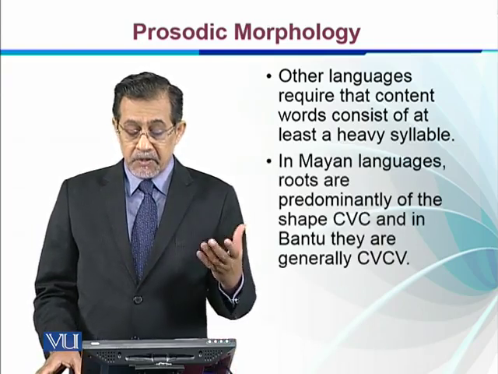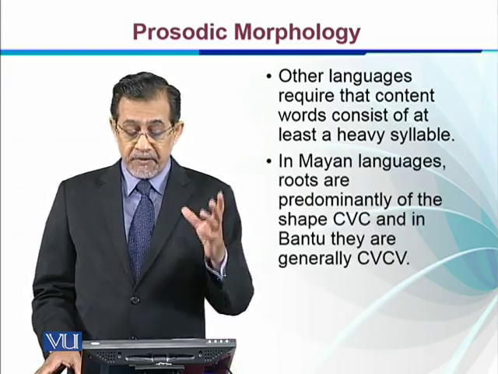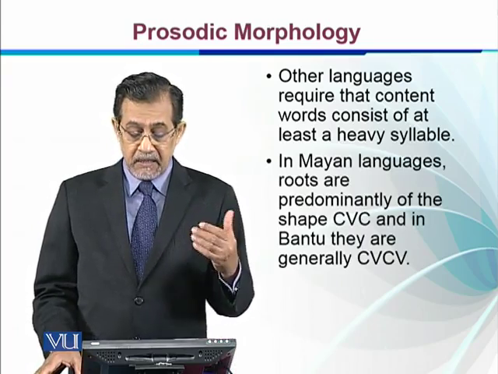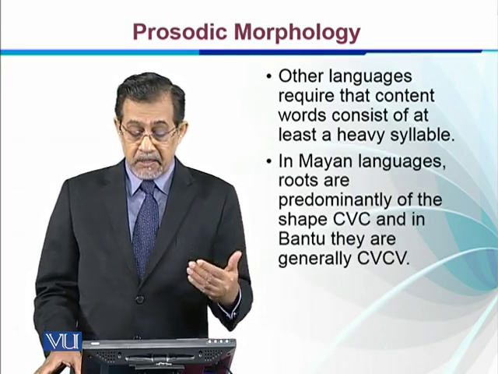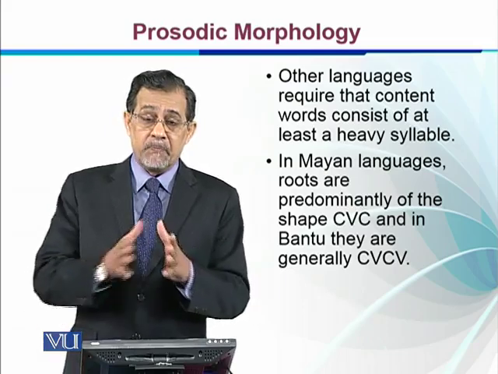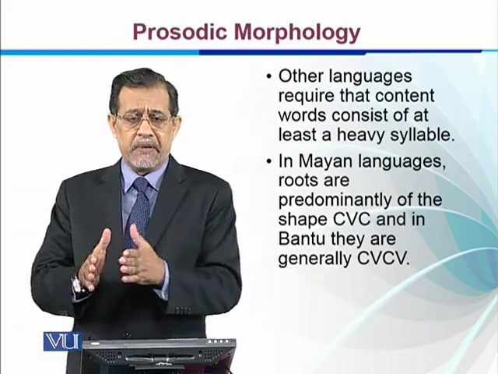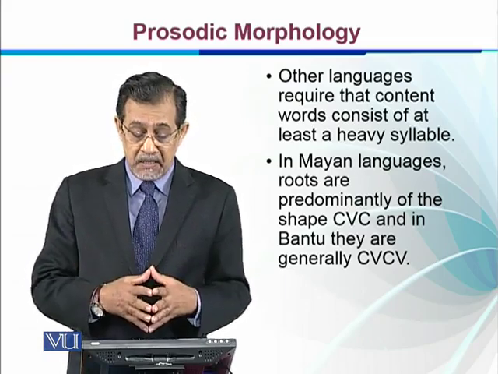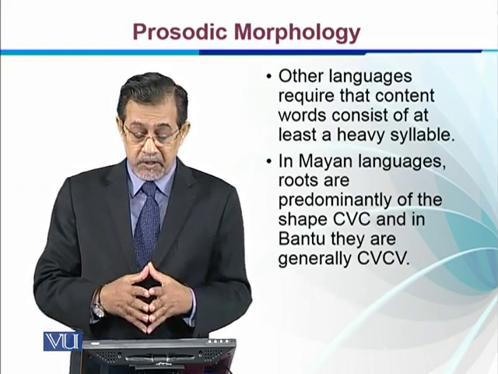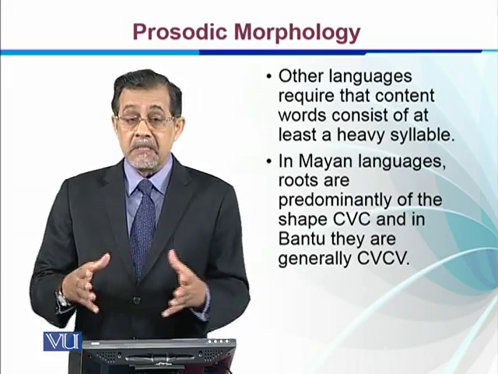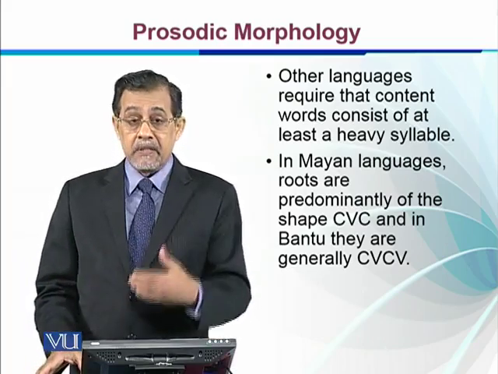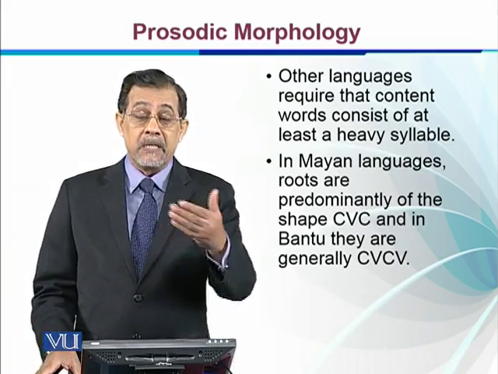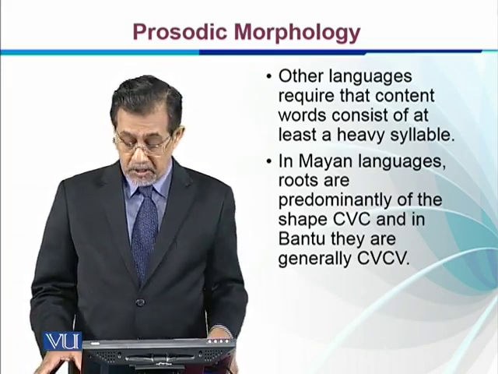In Mayan languages, roots are predominantly of the shape CVC, and in Bantu they are generally CVCV. So the structure of the syllable is different in different languages. In some languages, CVC, like the English syllable. In others, CVCV. However, this is not the only case. Many other languages have other structures of the syllable.